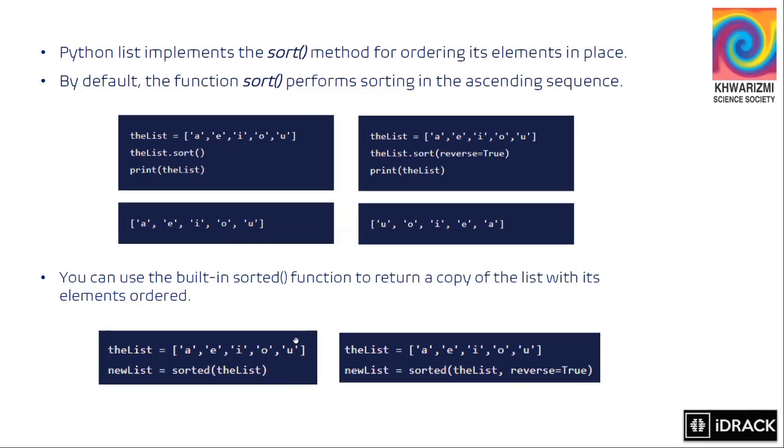So essentially sorted and sort both do the same thing, are built for the same function, but their syntax varies a little. So it's your choice entirely which one you're more comfortable using.